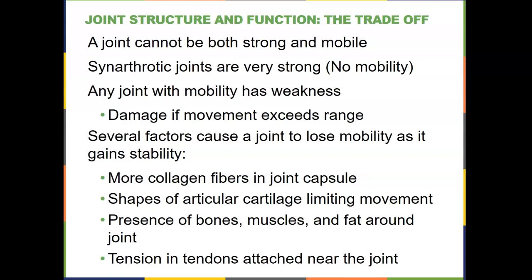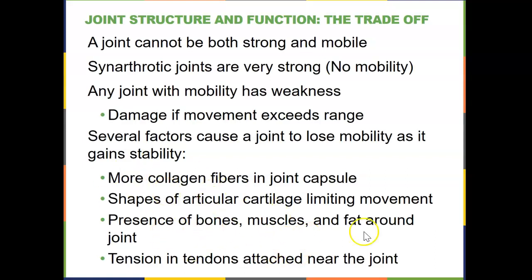eventually will result in more collagen fibers being inserted into the joint capsule itself, which then leads to changes in the shape of the articular cartilage. That can limit movement. Luckily, I don't have any limitation on movement. However, I do have extra tension in some of the tendons associated with the joint, which means I end up with tendonitis on the left lateral side of my knee often enough.